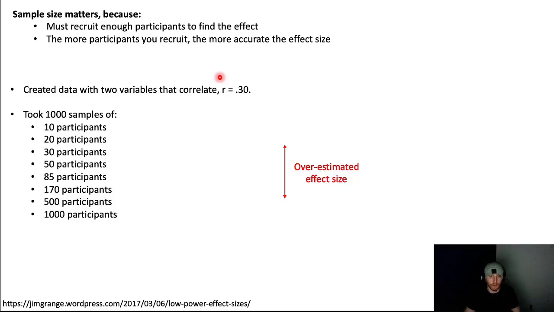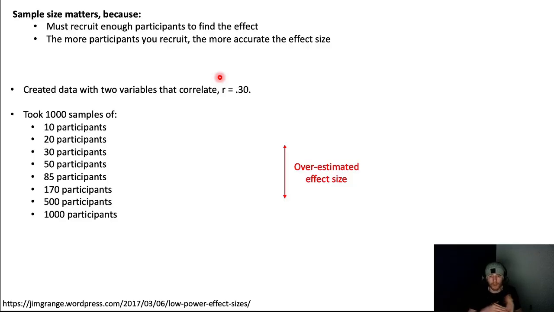What he did was he created some data using R, so you can simulate data sets in R, and he created 2 variables that he correlated at 0.3. So he created a fairly small effect size. It's not a strong relationship, but it's big enough that social psychology deals a lot with 0.3 strengths.